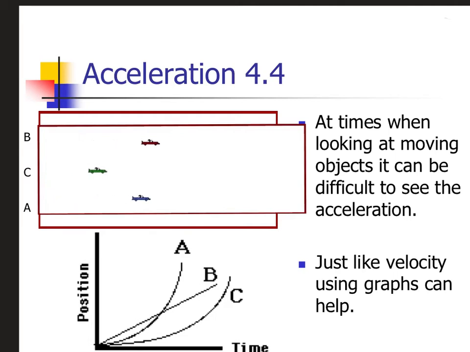So when we look at these, sometimes it's difficult to see the acceleration if we just look at the cars. If we look at some of the other parts, at their graphs, it's a little bit easier to see the acceleration.